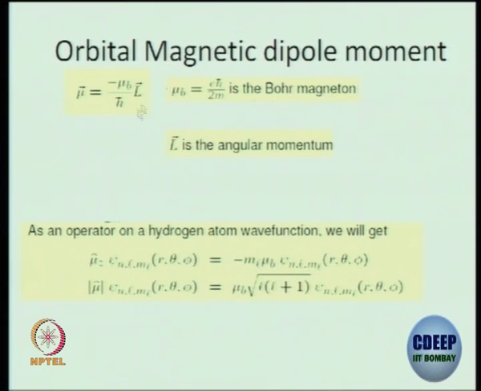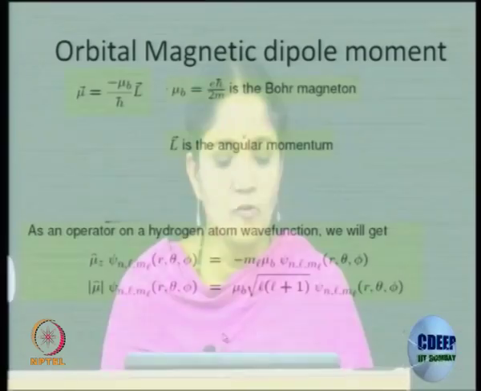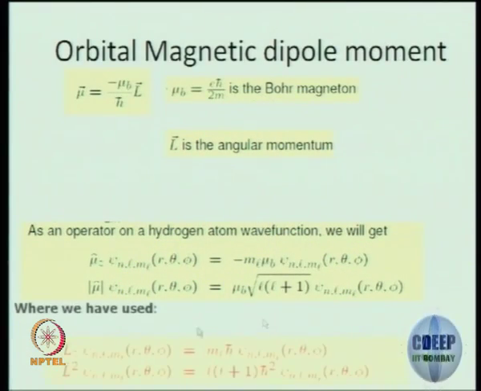If you do mu dot mu, it will be L dot L. L dot L on the state is L into L plus 1 h cross squared. If you want the magnitude, it is not just L, it is the square root of L into L plus 1. Suppose you have a function of this L operator, they will also be eigenstates. That is all I am trying to say. So, where we have used Lz is this and L squared is L into L plus 1 h cross squared.